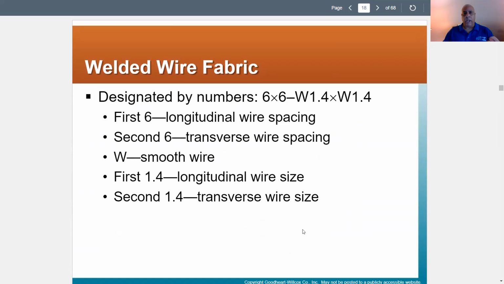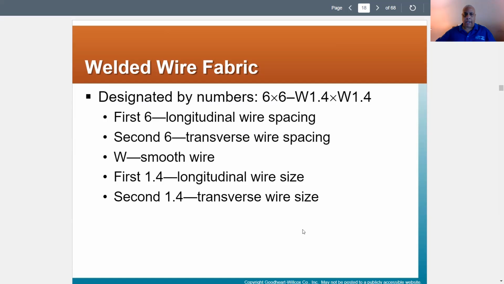Okay, when we deal with welded fire fabric, it's basically material that's designated by numbers, like we say 6x6, which is W 1.4 by W 1.4. Well, the first 6 means longitudinal wire spacing. The second 6 means transverse wire spacing. Now, when I talk about longitudinal, that's vertical.